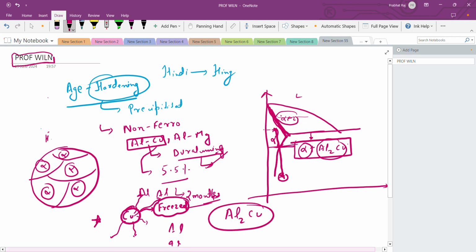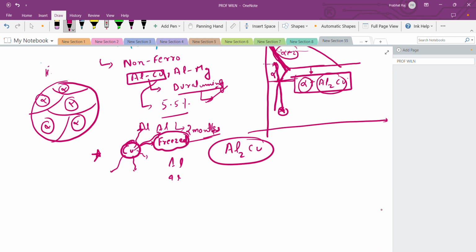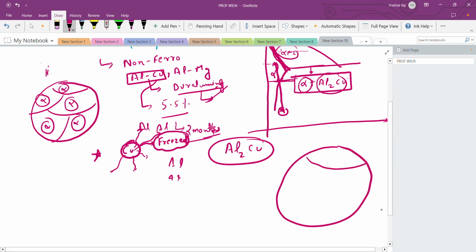Now when it formed the compound, the hardness of the sample has increased, and basically how has hardness been increased? This you must understand: this Al2Cu compound is present in the grains in the form of small precipitates, right?